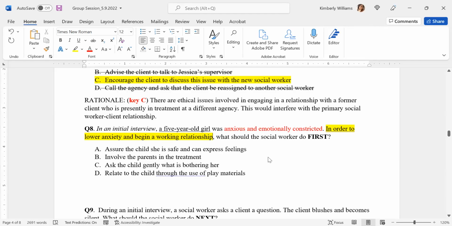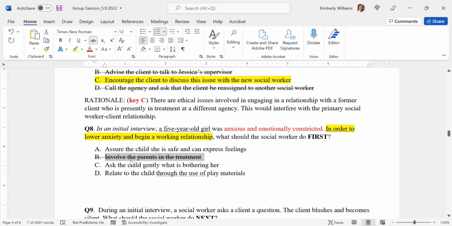Is it A, do we need to assure the child that she is safe and can express her feelings? Pause. Okay. All right. What about B? Do we need to involve the parents in the treatment? Scratch. Why are we scratching? Because the parents may be the reason.